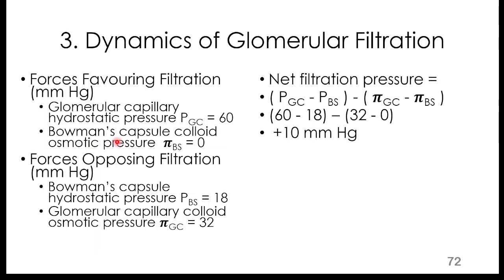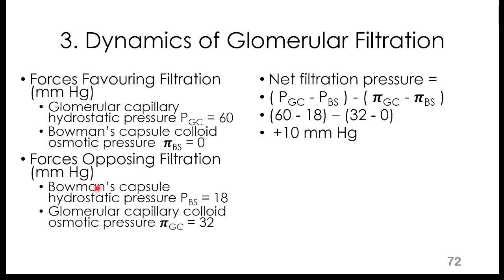But we said that normally in health, the protein that you find in urine is so small that for all intents and purposes we can regard the oncotic pressure of protein within the urine as zero. It's not as if there is absolutely no protein there, but the quantity is so small.